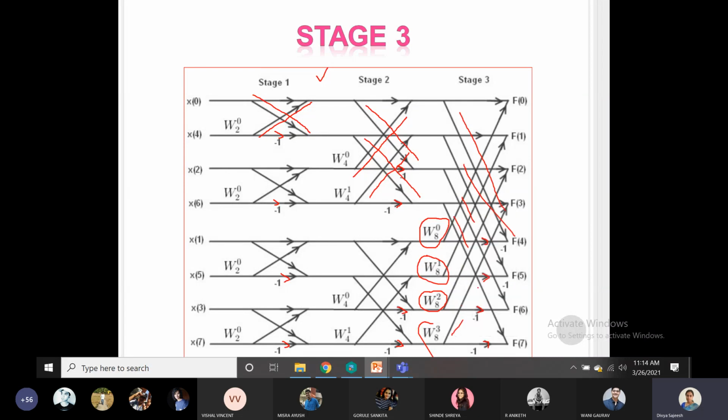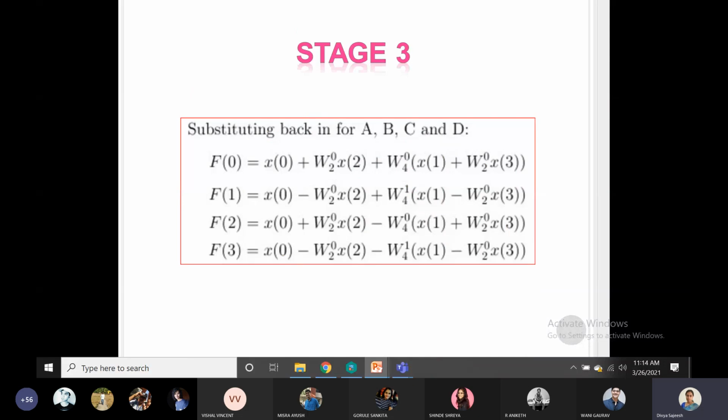Okay, so you should not make a mistake in the connection, otherwise your equation will go wrong. So substituting this, your final output will be like this.